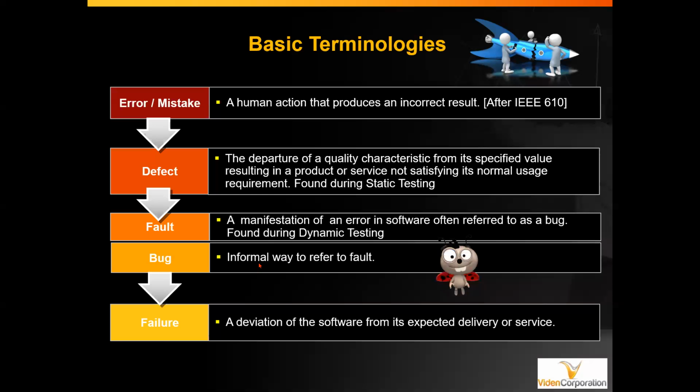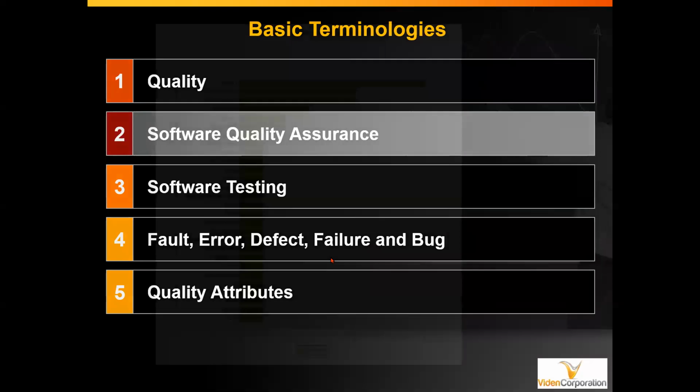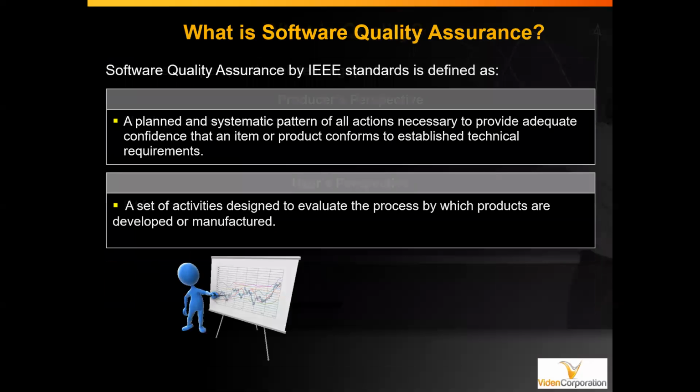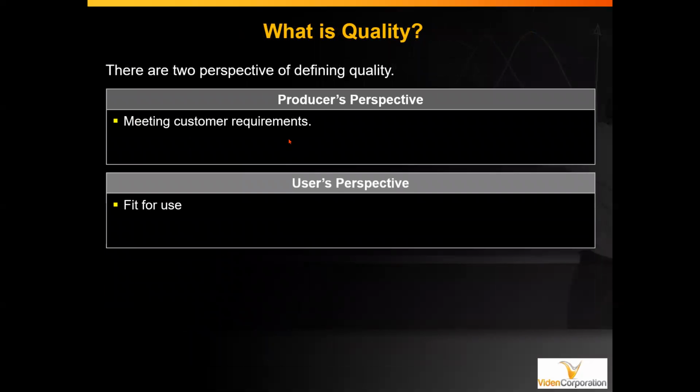Because by definition, we already said that if we are producing the product, we are basically trying to meet customer requirements. Nowhere does it say we should exceed customer requirements, right? The definition for the producer is, hey, we are meeting customer requirements. So if you're exceeding customer requirements, it's a defect from the producer's perspective, because eventually you will lose business, because you don't have money, since you've been giving away extra to the customer to exceed expectations.